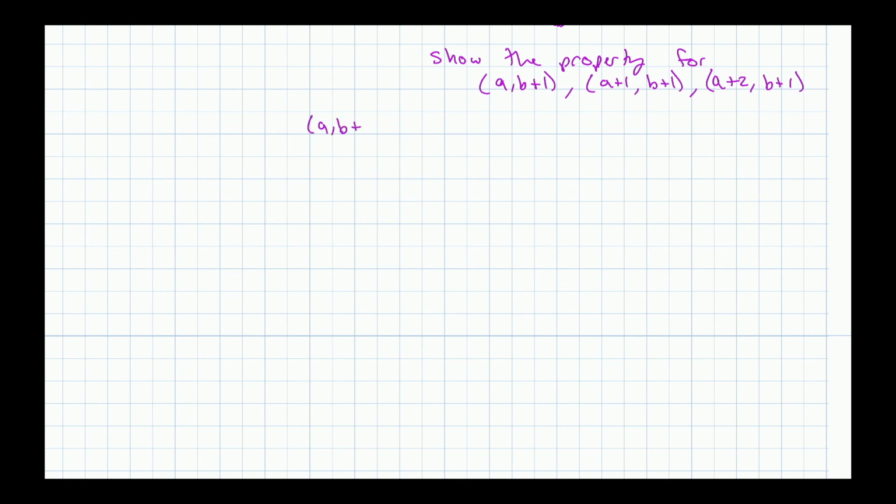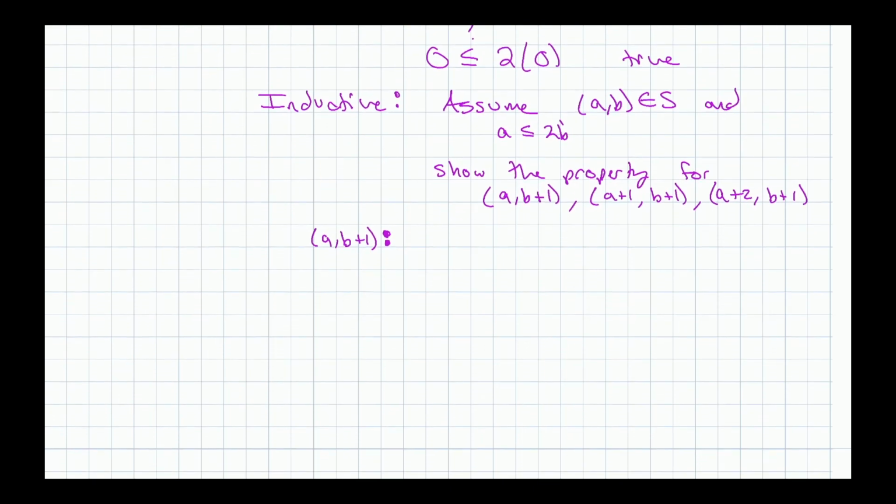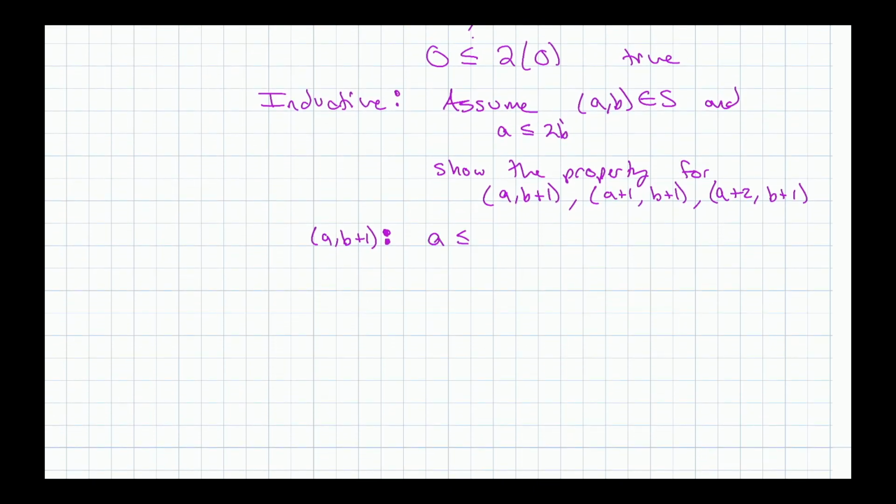So let's say we have (A, B+1). I'm just putting it like this to indicate this is the one we're doing. The property is A less than or equal to 2B, so A less than or equal to 2 times (B+1). I don't know if it's true yet.